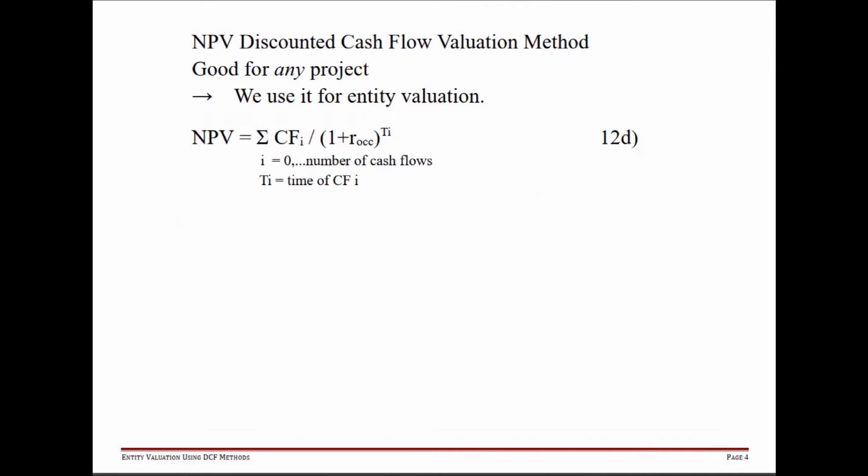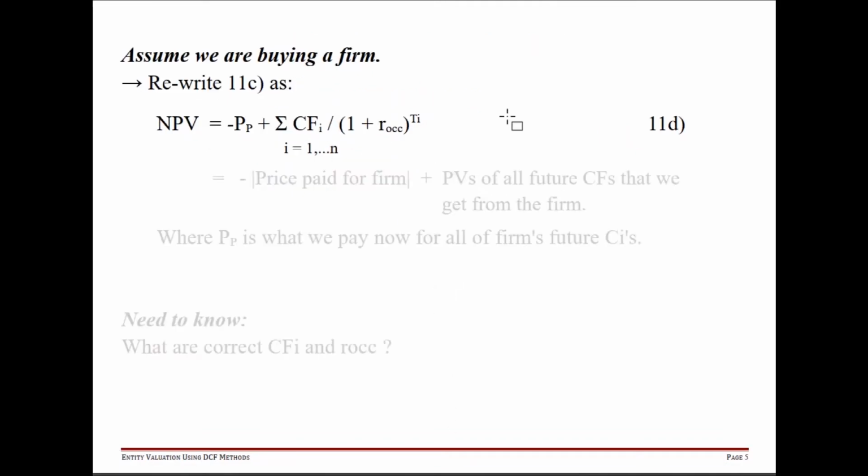And here it is again, just as a reminder. So we're going to spend a lot of time when we're valuing entities thinking that, hey, maybe we want to buy this firm. So in a case like that, we can simplify our NPV equation a little bit. We break out this first term, which is the purchase price of the firm. It's what we pay to buy the firm. No discounting here because it happens at t equals 0.